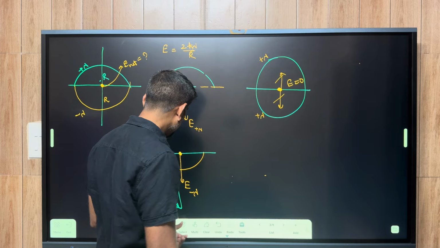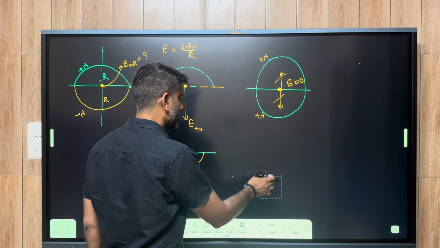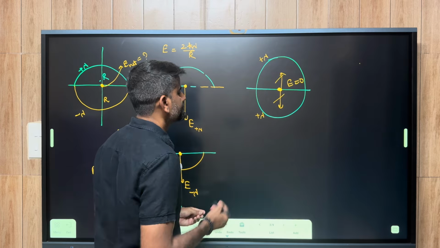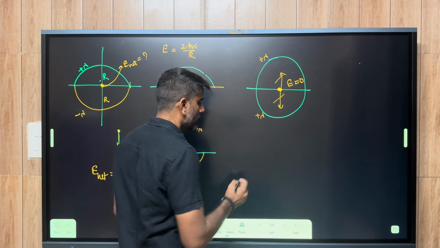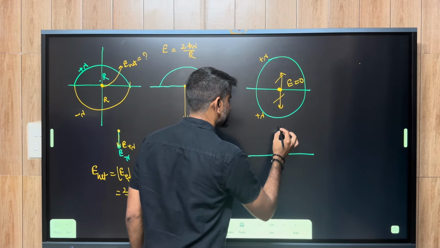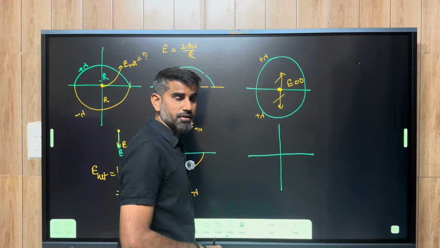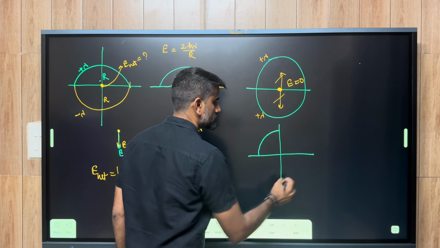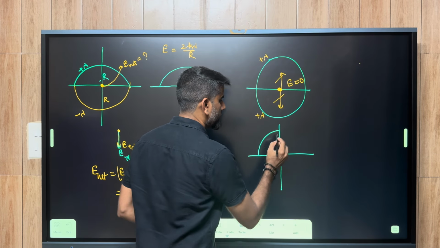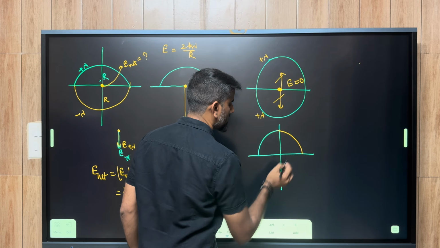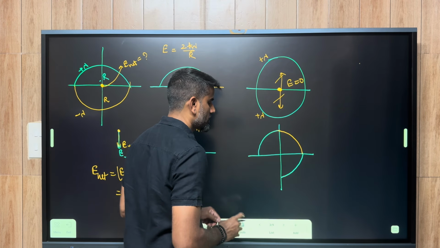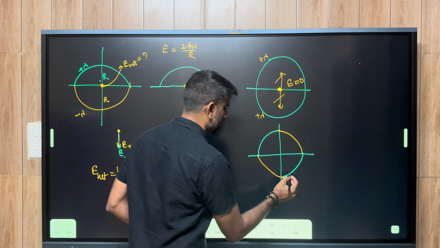Now let's look at one more example. Now, this is a circular arc, and this is another circular arc, and this is another, and this is another.